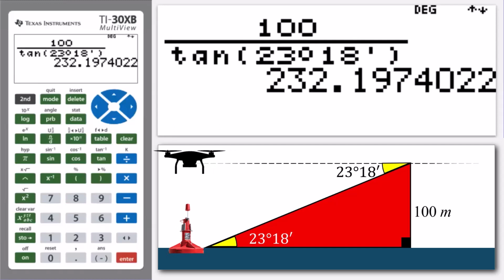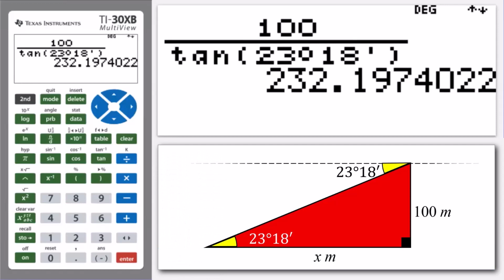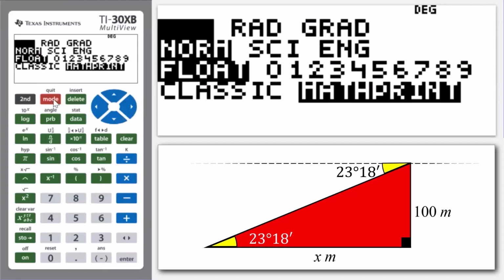However, note back at the question that we're asked to give our answer correct to 1 decimal place. So we could examine that answer and say, okay, correct to 1 decimal place, it's 232.2 and the unit is meters. What we could also do is we could press mode.